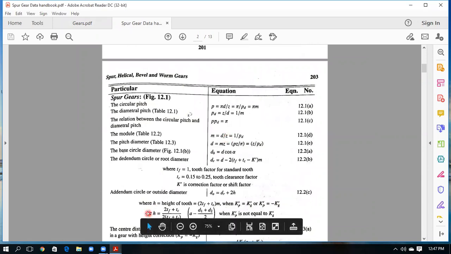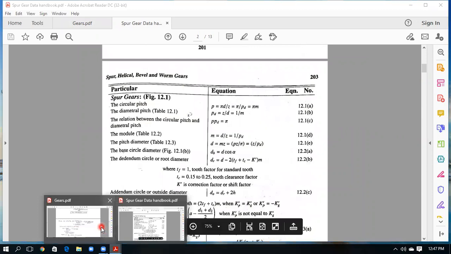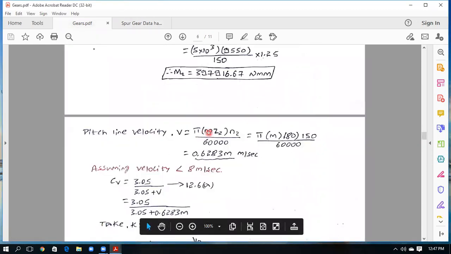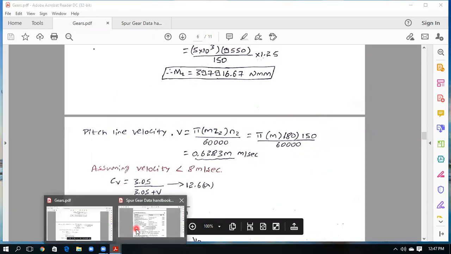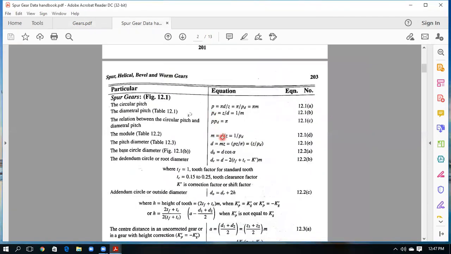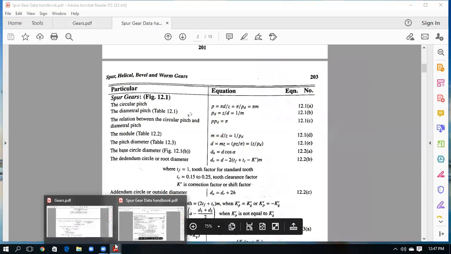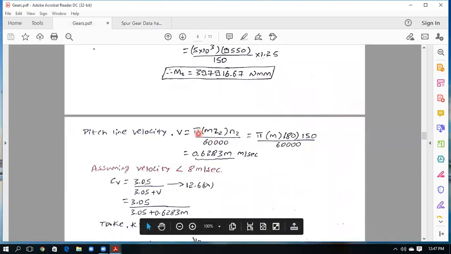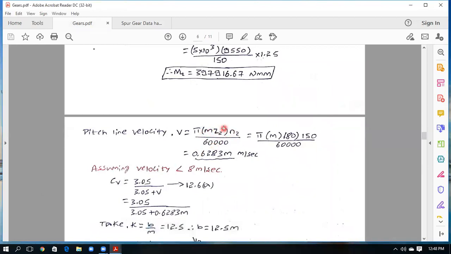Whatever that velocity is, we know that it is pi d n by 60,000. Therefore d is nothing but m into z. I substitute d as m into z, therefore it will be pi m z2 into n2 by 60,000. Here we are designing for the gear, that's why it is z2 n2.